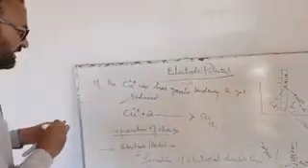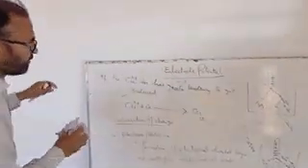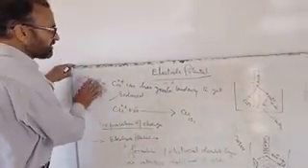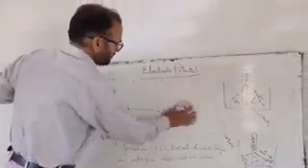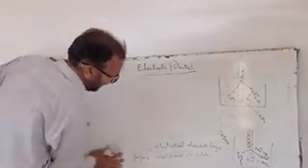So we can understand that electrode potential is the measure of tendency of the electrode to get either oxidized or to get reduced. That means to lose or gain electrons.